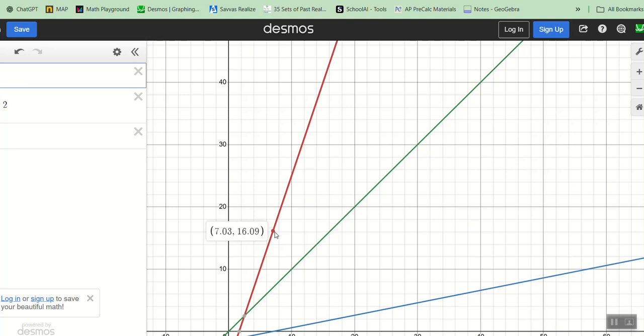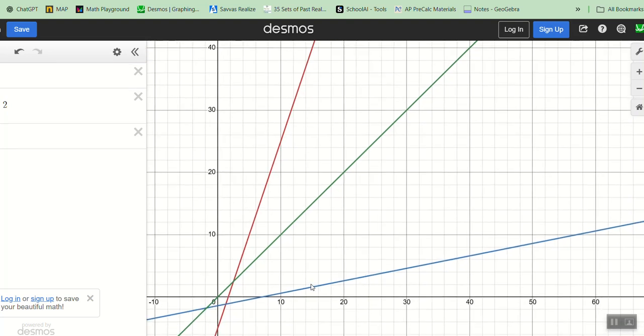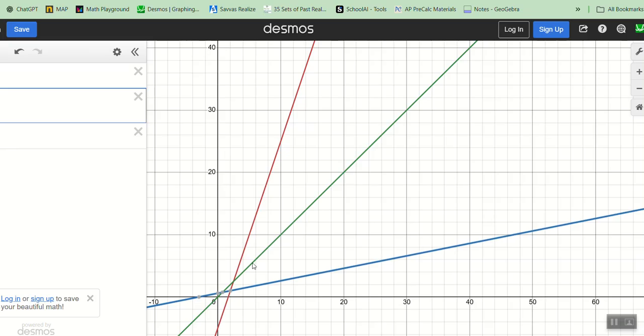So if this was the inverse one, then what point should be on this line? 16 and 7. Let's see if we can find it. Did I write it right? The green one. Oh, why is there a negative 2 on it? I don't know why there was a negative 2 on it.